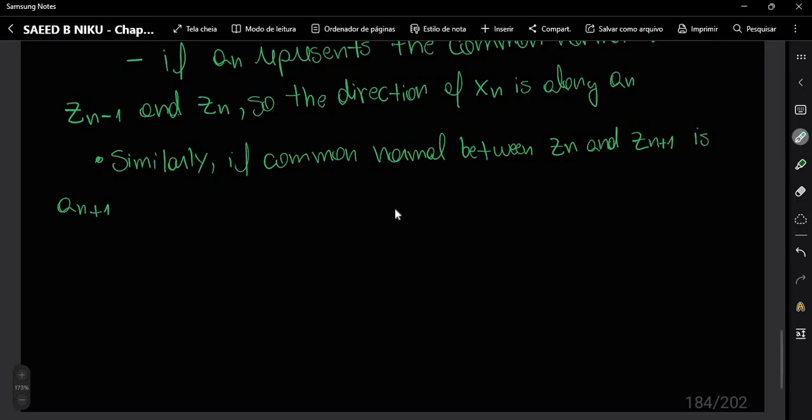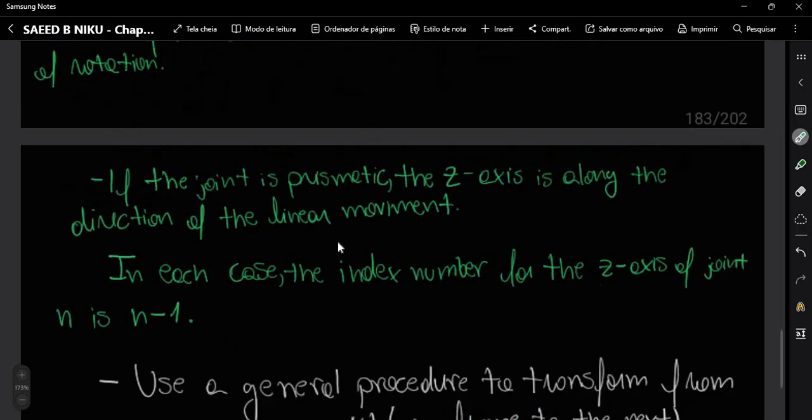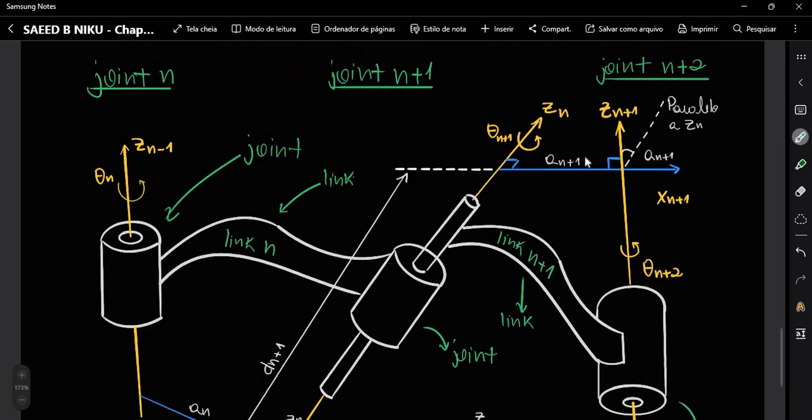So let's see the common normal between Zn and Zn plus 1.